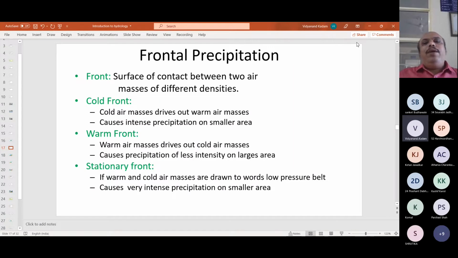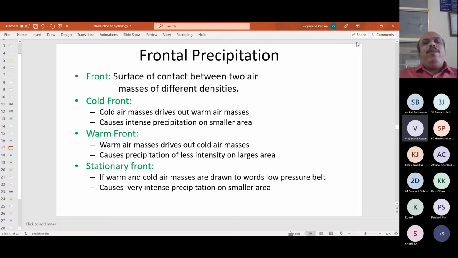Now in frontal precipitation, again there are two types. First is cold frontal precipitation and second is warm frontal precipitation. Now what is cold frontal precipitation? In cold frontal precipitation, the cold air mass drives out the warm air mass, and due to that the precipitation takes place.